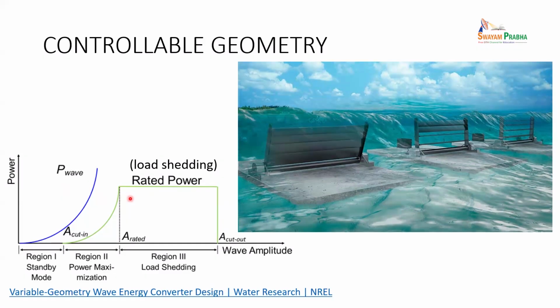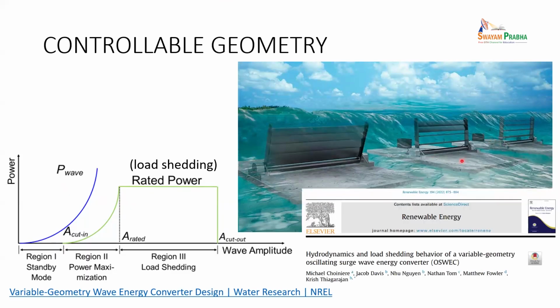Then if the wave is too large, they open all the windows, and when they open all the windows, they reduce the power. So that is control on the geometry side. They also did an experiment and published this paper together with Chris at the University of Massachusetts. You can read more about such designs with variable or controllable shape or geometry. And this is for a wave surge device.